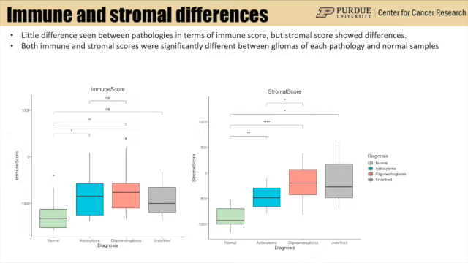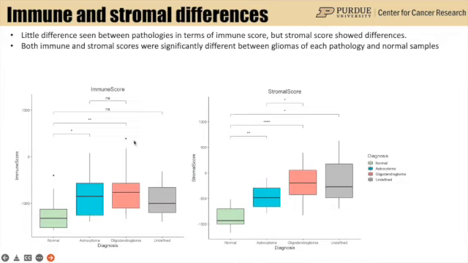It's important to note that the immune score is not how active the immune system is, it's more the infiltrates. So it's the proportion of immune infiltrates that is suspected. This could be not just immune activating cells, but also, for example, Tregs, et cetera.